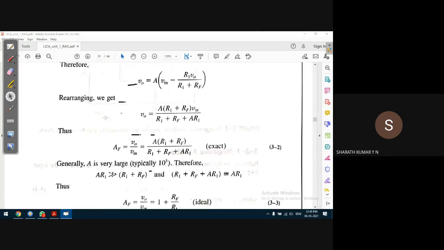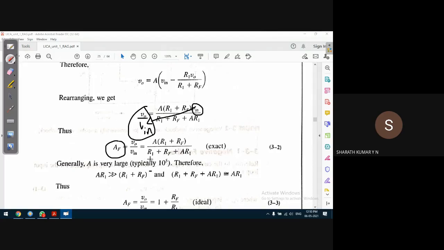In this expression, guys, if you observe, we have V0. When we rearrange this, we get Vin. So take this Vin to the denominator, V0 by Vin. What is V0 by Vin? It is nothing but gain. Of course, now it is closed loop gain because there is feedback. We get this expression.